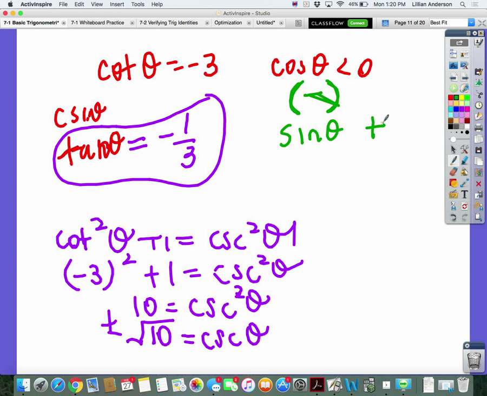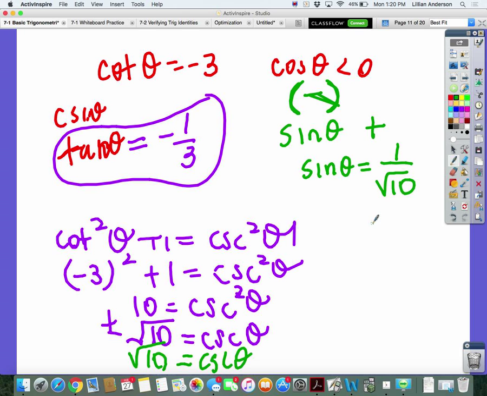Okay? And since sine is the reciprocal of cosecant, that means that cosecant is going to be a positive square root of 10. Which means that sine, since it's the reciprocal, is 1 over the square root of 10, or rationalized, square root of 10 over 10.